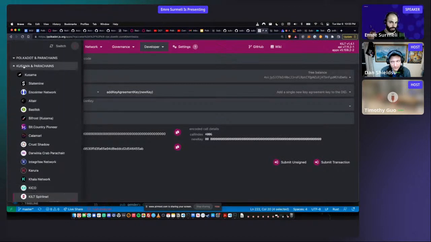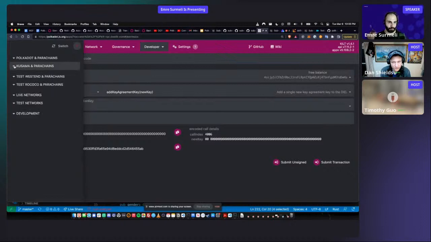So the composability is already there. We have all of these parachains that have specific use cases, and then we have some APIs that allow you to interact with them. All you have to do is come up with ideas to compose these things together and actually make useful tools.